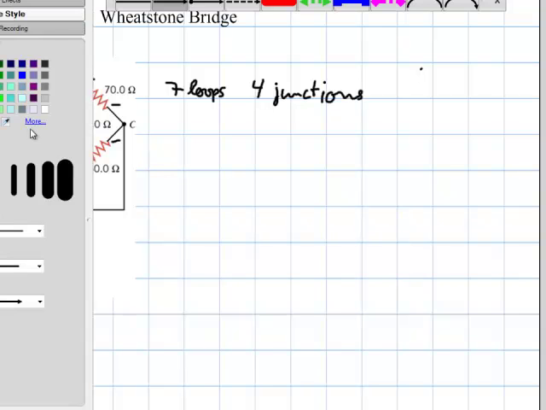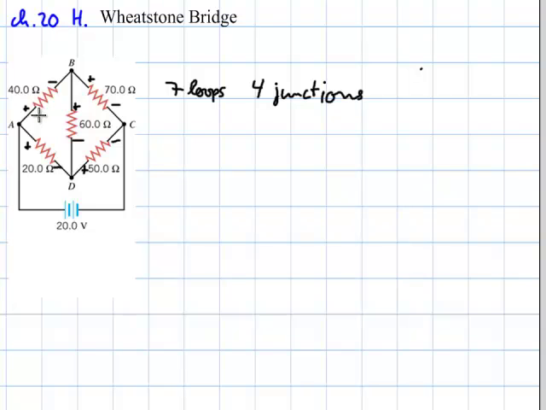Let's see, I want to choose maybe a green arrow for the current. So according to what I just chose, the currents are going to go through like this. So lots of drawing, and on second thought I should have actually made this a little bigger. Oh well. Okay.